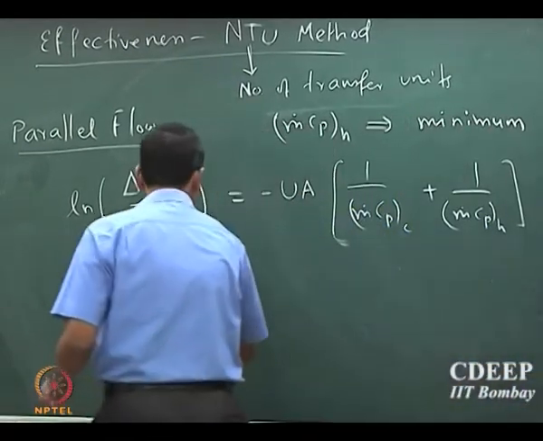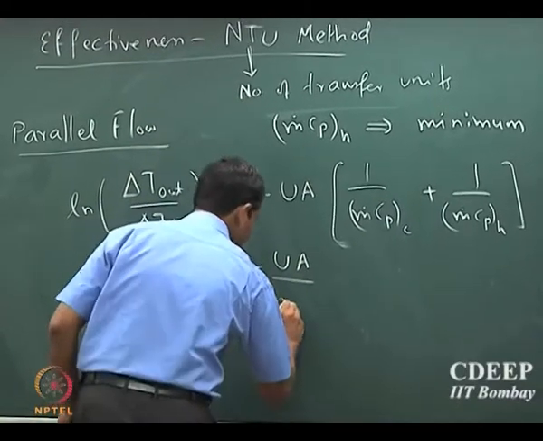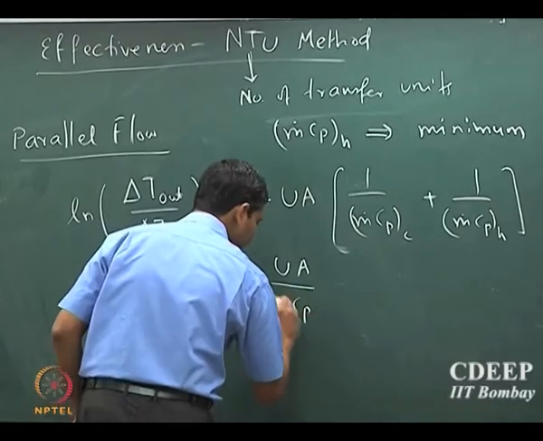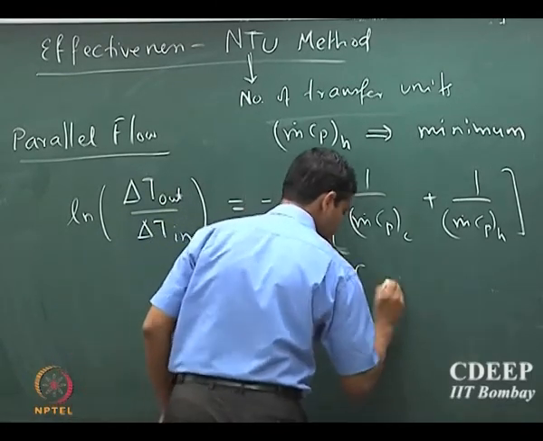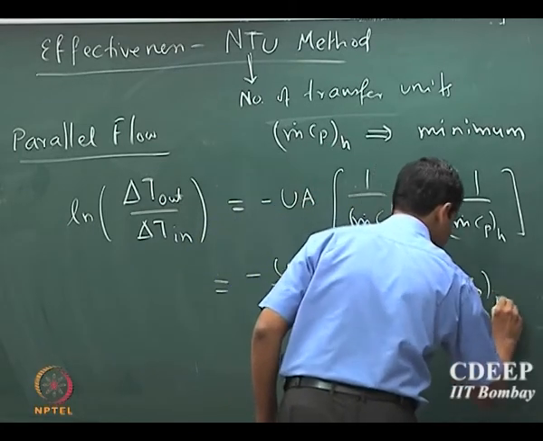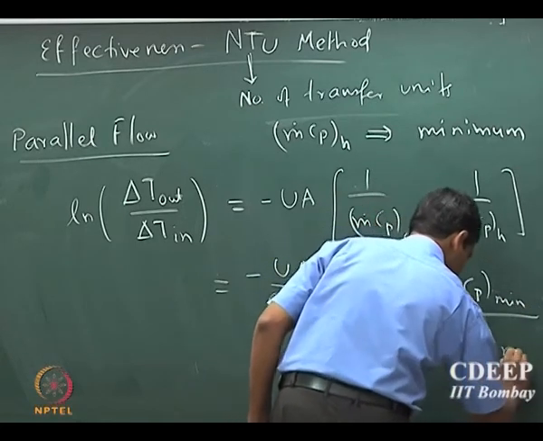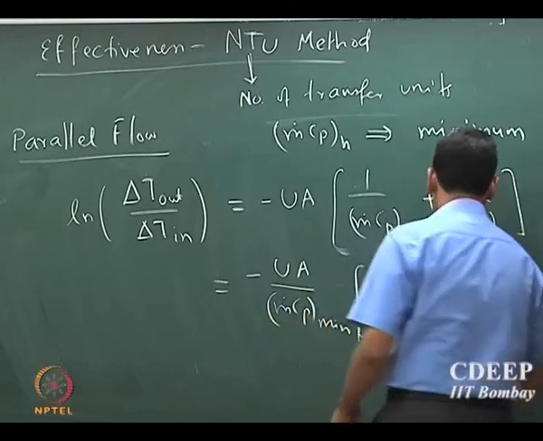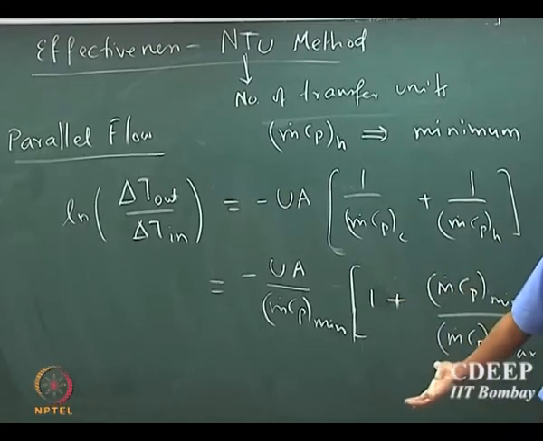Now I can rewrite this as minus UA divided by m dot Cp min, multiplied by 1 plus the ratio. All I have done is pull out the minimum, which in this case is the m dot Cp of the hot fluid.